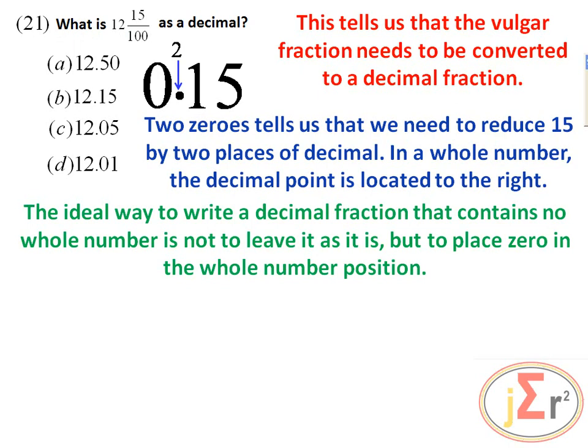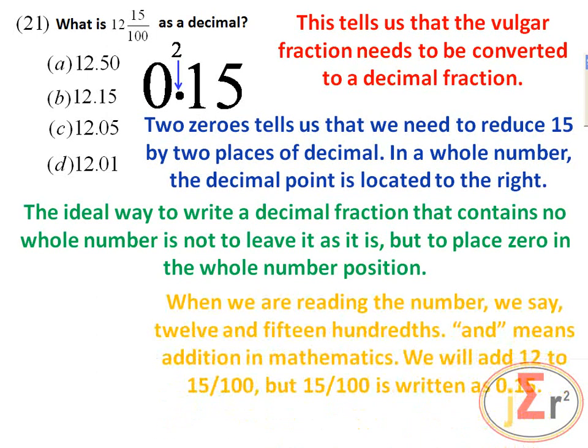But we know that it should be more appropriately read as 0.15. When we are reading the number, we say 12 and 15 hundredths. That is how we read it. 12 and 15 hundredths.